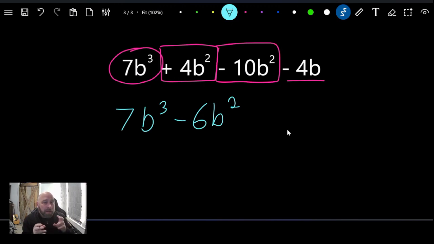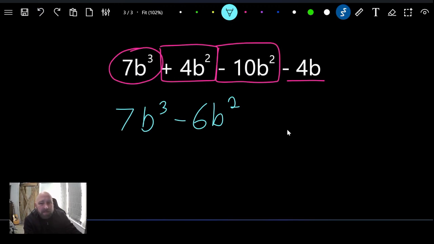That's how you combine like terms. Sometimes with like terms, you're subtracting. Sometimes you're adding. It all depends on what these signs tell you to do. So if I have 4 and I take out 10, that means I have negative 6. And then the last one is over here, this negative 4b. And you say, is it negative 4b or is it minus 4b?